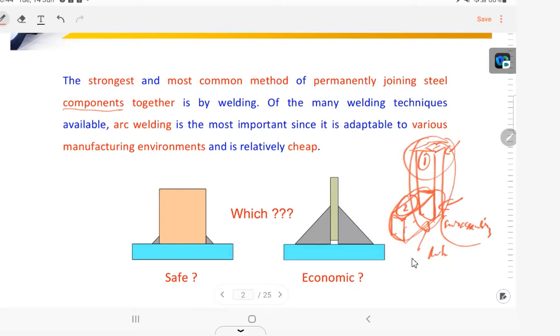Many welding techniques are available. When you are in industry, you will see so many types of welding. Arc welding is the most important since it is adaptable to various manufacturing environments and is relatively cheap.